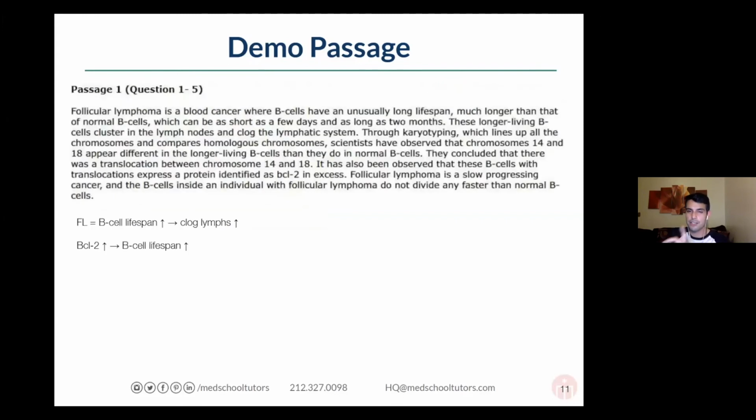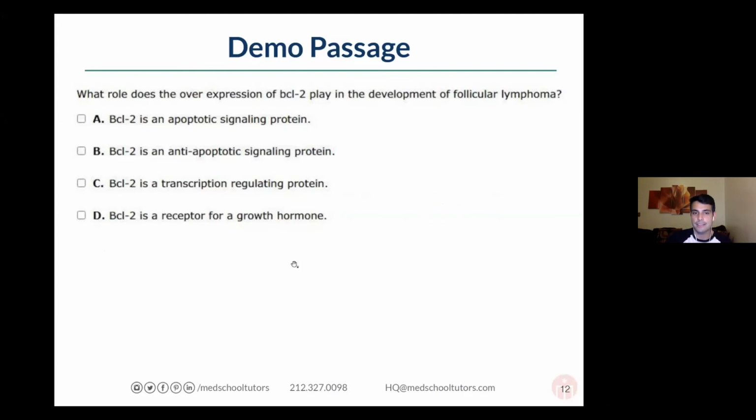I'll pause there and say one other thing I could have added is that increased BCL2 does not lead to more division of these cells, so maybe I would X this out because that doesn't fit with the knowledge we're given, but I'll skip that. What I really wanted to do was use that flow chart to X out choice A, because we can be clear about that. We can't use it to really narrow down these three.